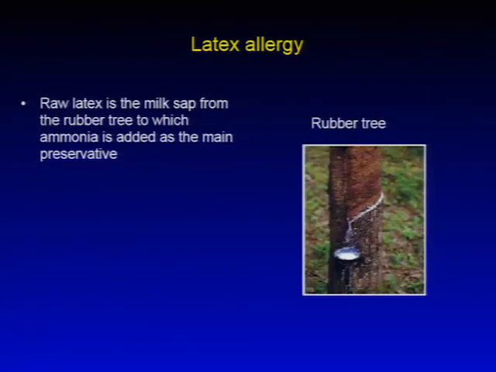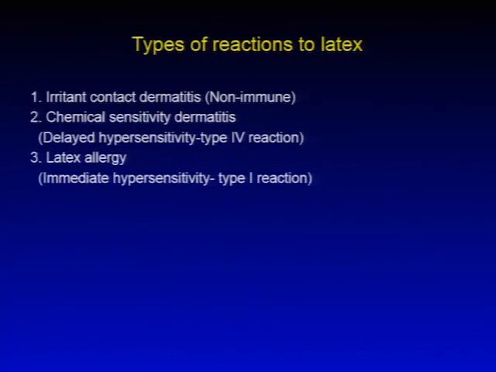Raw latex is a milk from the rubber tree to which ammonia is added as the main preservative. There are 3 types of allergy to latex. Number 1 is irritant contact dermatitis, a non-immune reaction.